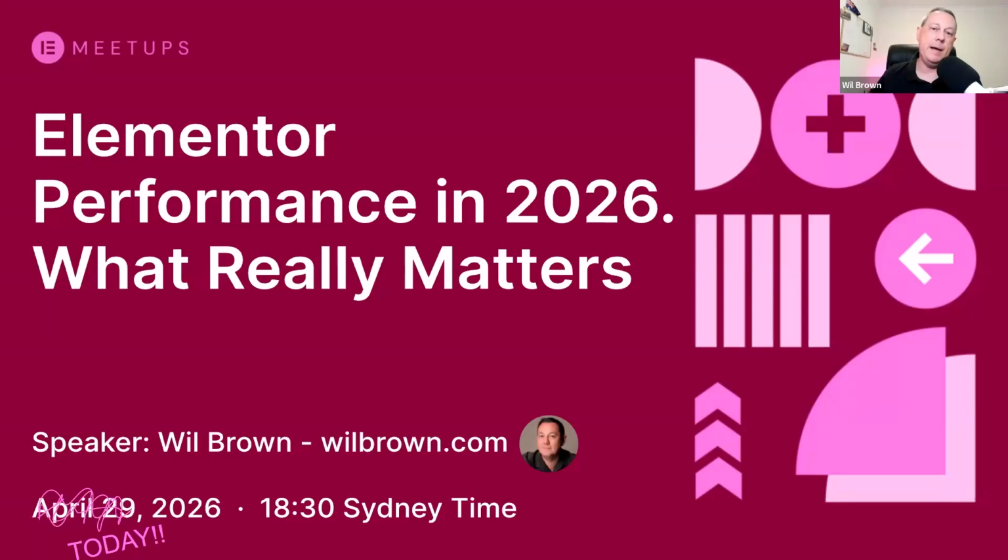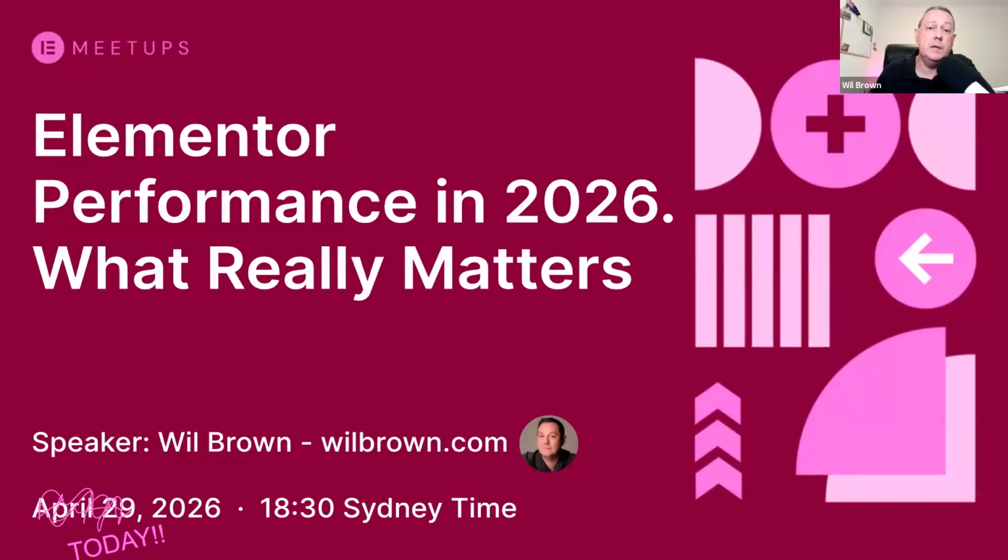So tonight, I want to step back from the individual optimization tricks and focus more on some principles and guidelines. What actually matters now in Elementor and what tends to create cleaner, faster, and more maintainable websites overall. And more importantly, what matters less than it used to nowadays, because things are improving all the time.